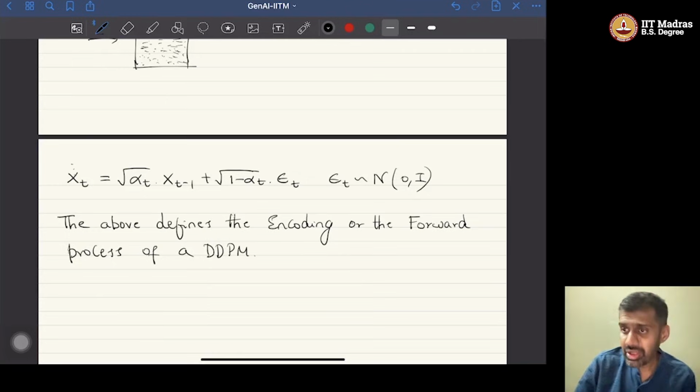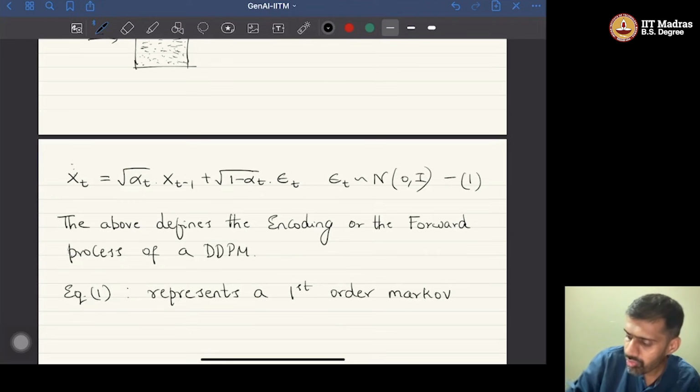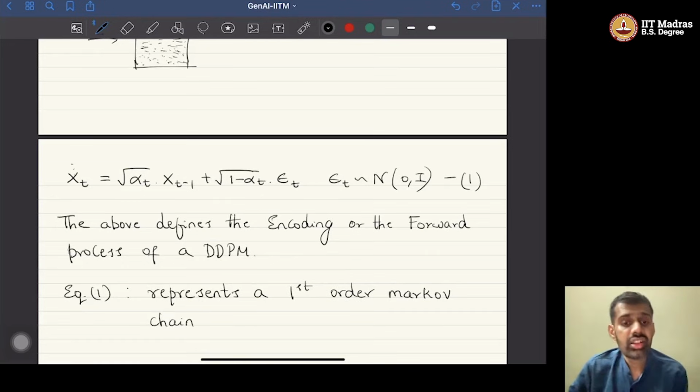Okay, it's very easy to see that, let's call this equation 1. So equation 1 represents a first order Markov chain. It represents a first order Markov chain with Gaussian transitions, right?